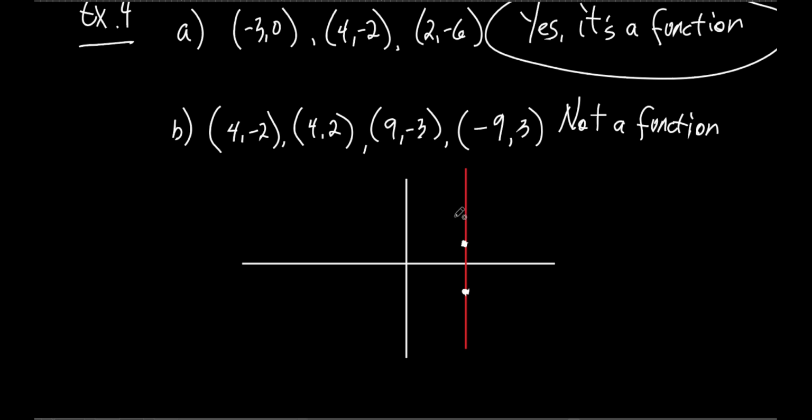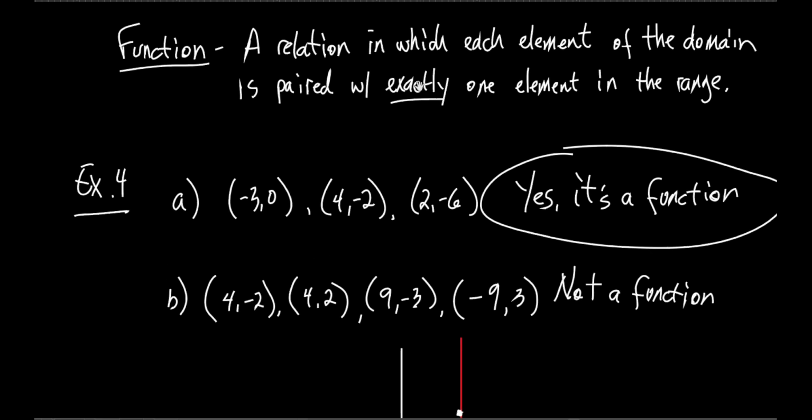So this x has one y associated with it, and that x has another y associated with it. That means it's not a function, because that goes against what our definition says. Would you agree? It's got to have exactly one element in the range to that domain.